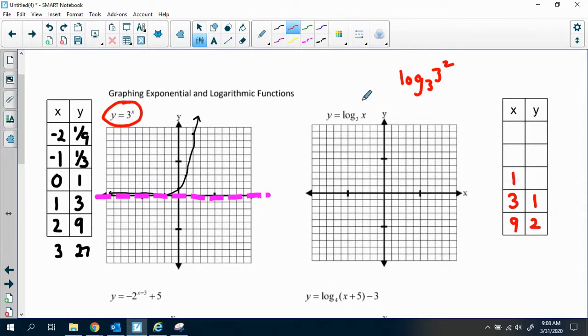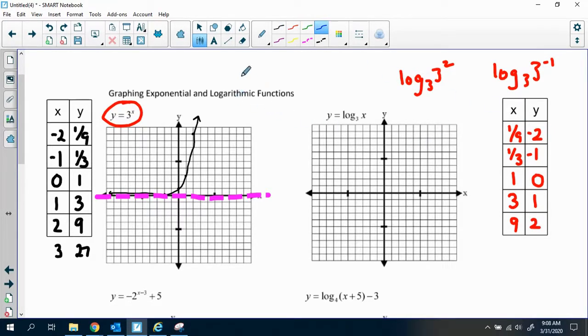If I sub in 1 for x, log base 3 of 1, log base anything of 1 is always 0. If I subbed in 1/3 for x, I would get -1 for y because 1/3 is the same thing as 3 to the -1. If I subbed in 1/9, I get -2.